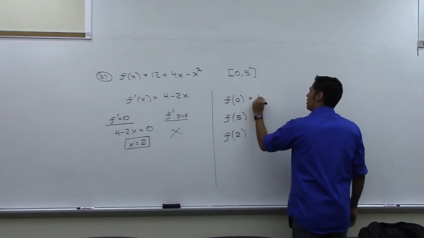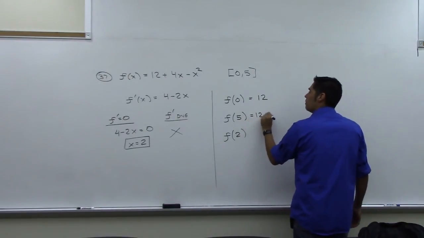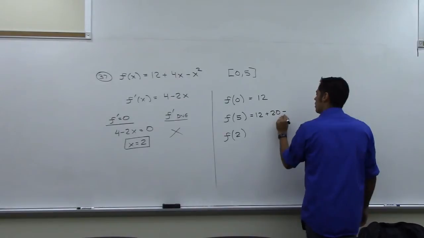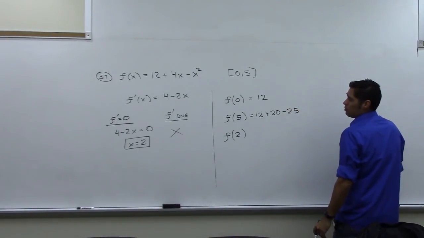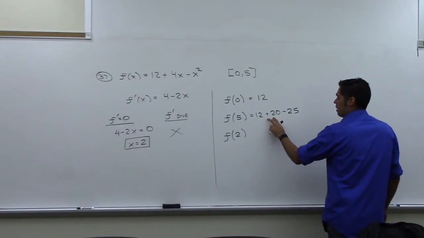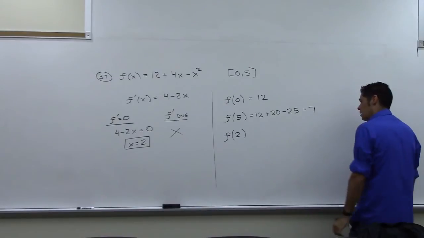So if I plug in 0, I get 12. If I plug in 5, I get 12 plus 20 minus 25. Let me just double check that. 12, 20, 25. So this is 32. Take away 25. I should get 7.